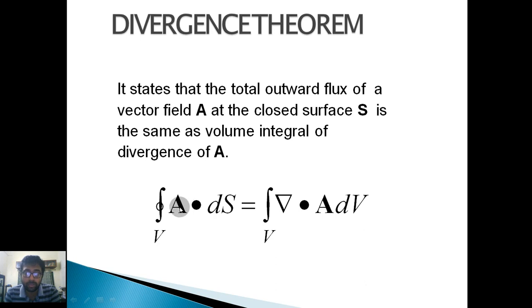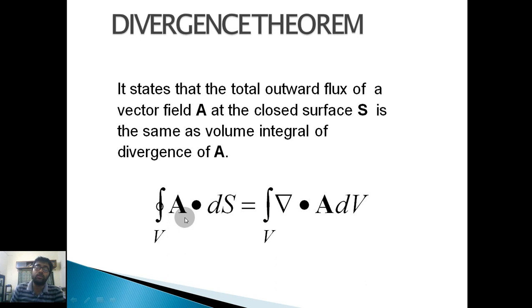if you take a closed surface S, and we take a closed integral of A dot ds, it will provide us the net outward flux of vector field A at the closed surface S. Now if we take a volume integral of the same thing, that is the same as the volume integral of the divergence of A. The volume integral of a divergence and the surface integral of A dot ds are the same.